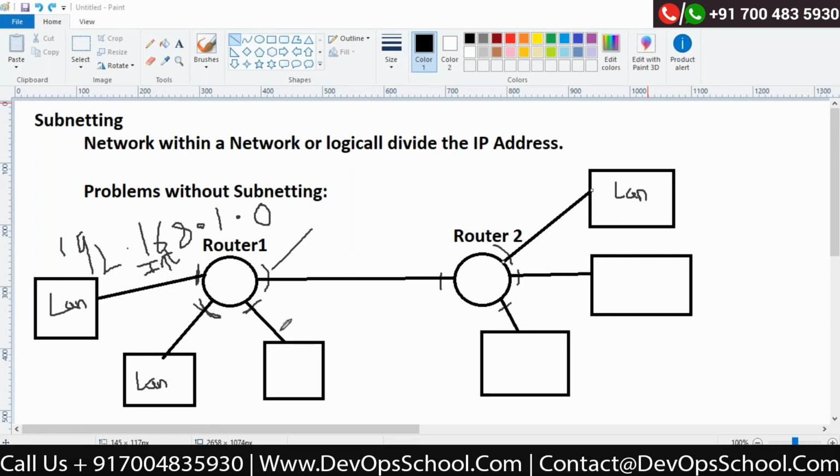Even within this particular company, I require multiple networks to be configured. I can configure multiple networks, no problem, because I do have free IP addresses which we can use internally within the organization. But the problem is, this is my first limitation: the router will not allow a single network to be configured on all the interfaces. Every interface should have a different network and IP addressing scheme.